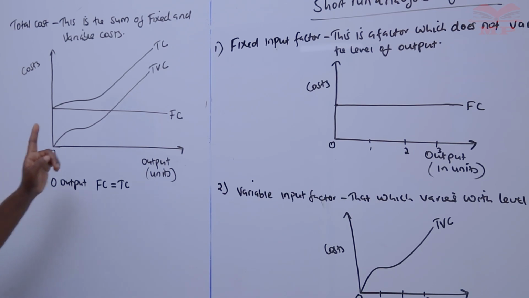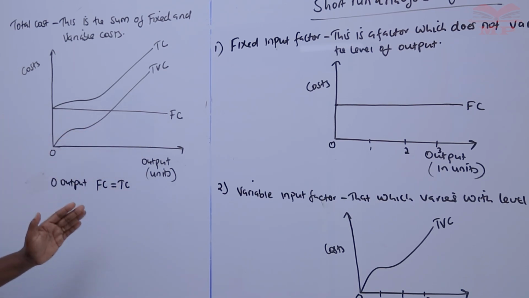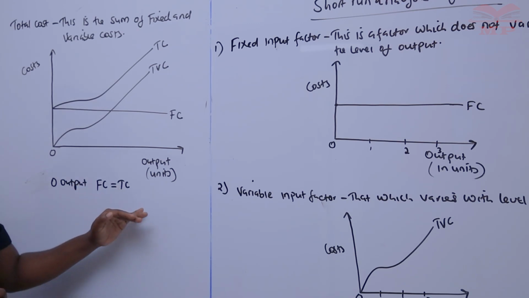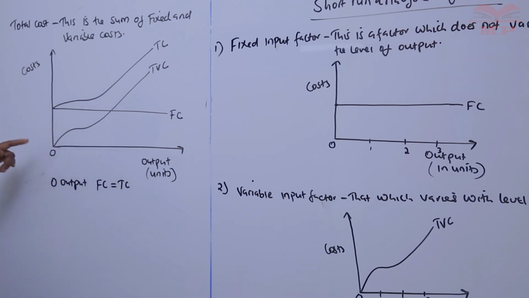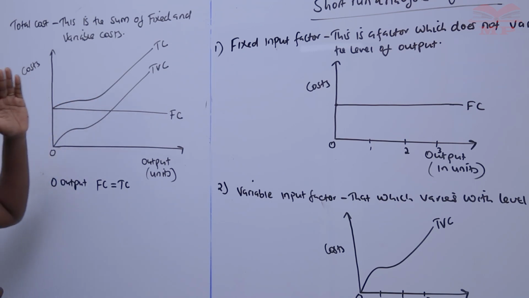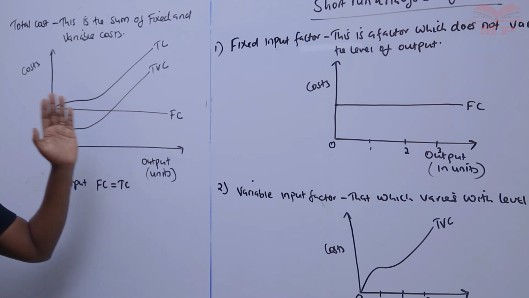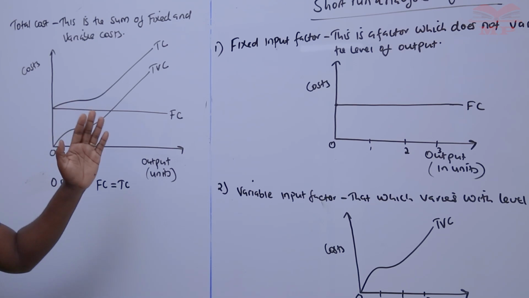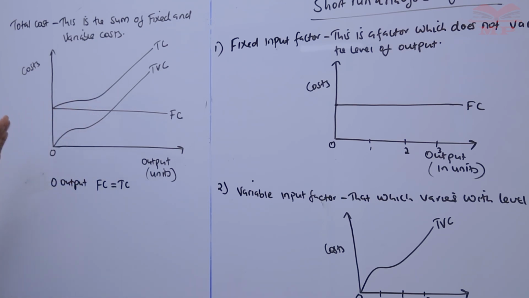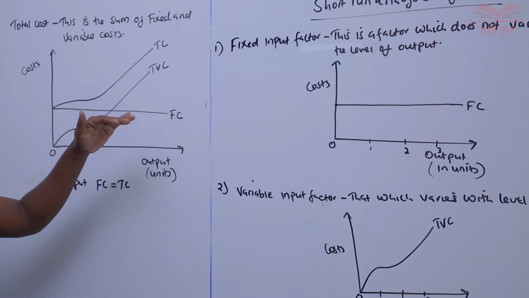But the time variable costs begin to rise as the level of output changes, then total cost will begin to rise. And as variable costs continue rising, total cost will continue rising. Therefore, the total cost curve can be explained by diminishing or increasing returns to the variable factor, which is what brings about the level of change.